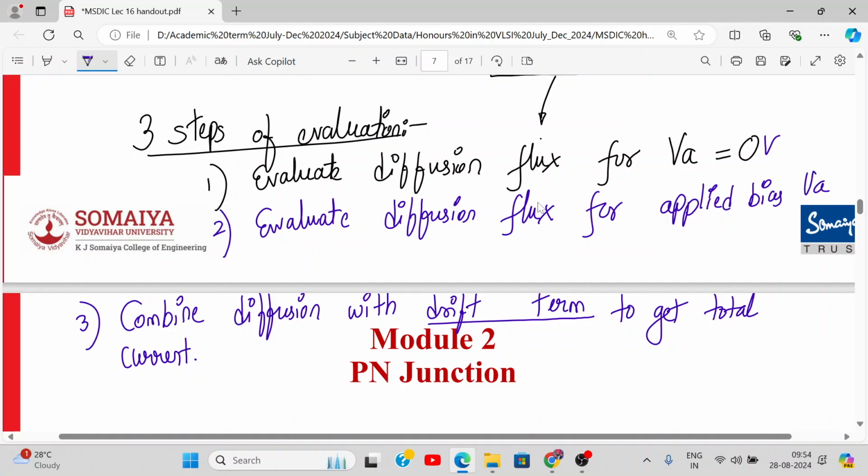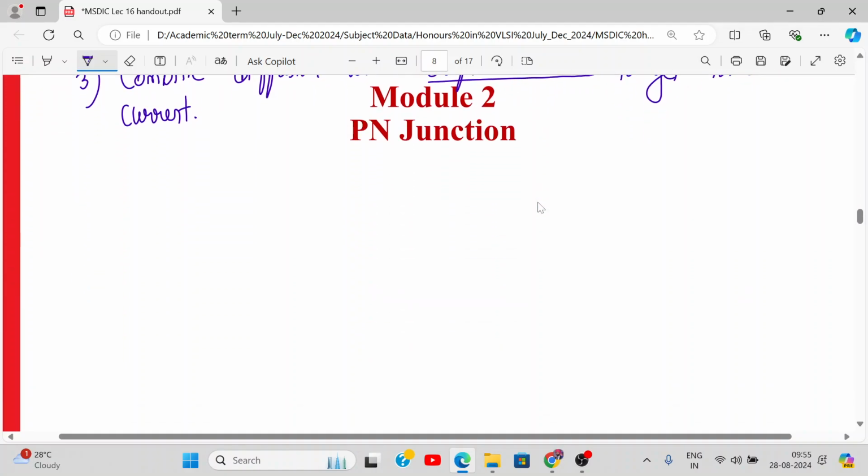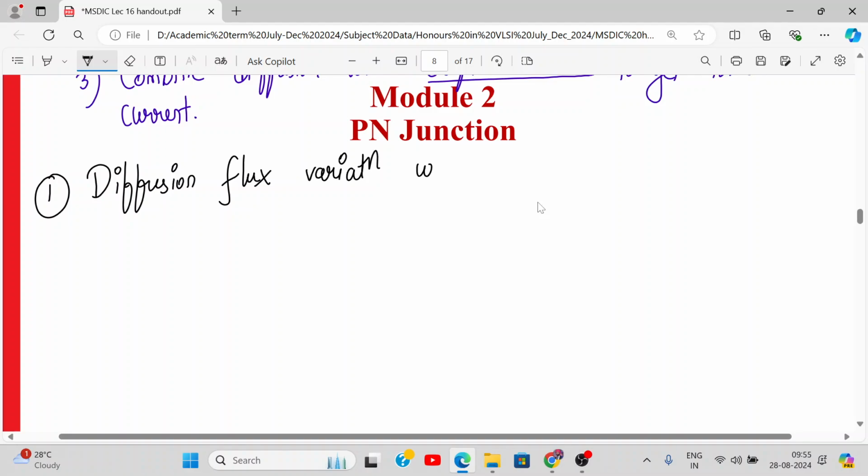Now we need to understand what happens when the diffusion flux changes, and how the variation of applied voltage affects it. So let's answer that question. Write down first: diffusion flux variation with applied voltage VA.